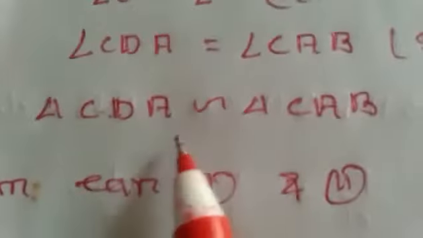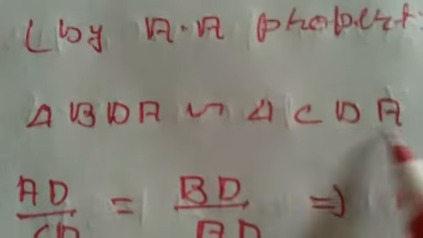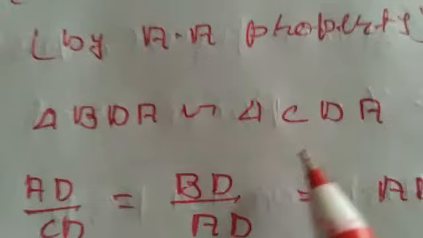From equations 1 and 2, we can conclude that triangle BDA is similar to CDA. And when two triangles are similar, their corresponding sides are proportional. So we can write AD by CD equals BD by AD. By cross multiplying, we have AD square equals BD into CD, and hence the result is proved.